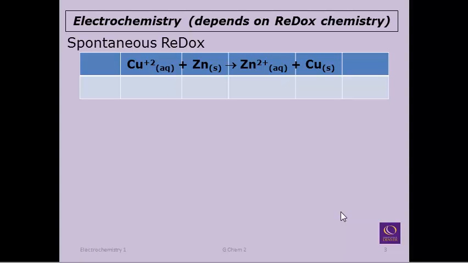Let me show you how we know it's spontaneous, going back to our thermochemistry chapter. I look at this reaction where copper ions interact with zinc metal and you make zinc ions and copper metal. The question would be, is that spontaneous or not? Well, let's look at the free energy. If you go to the standard thermodynamic tables and look up your numbers, you see that the copper 2 ion at standard conditions, 298 K, has 66 kilojoules per mole.